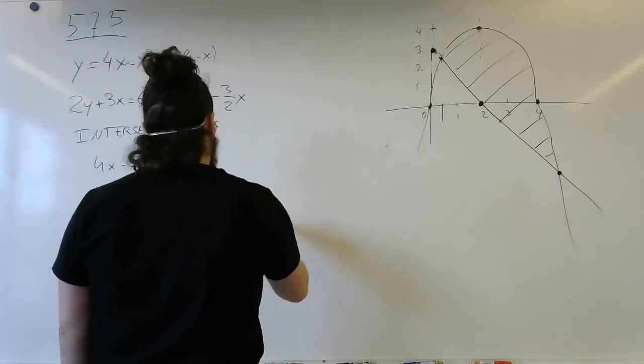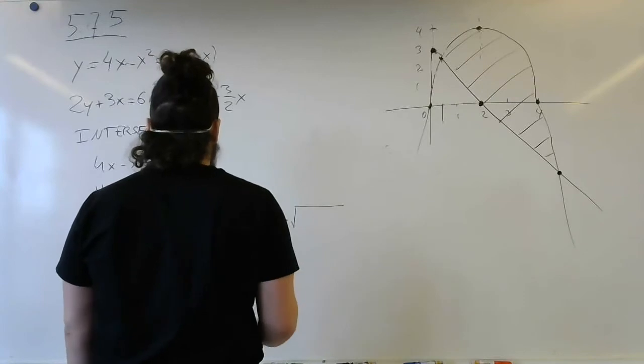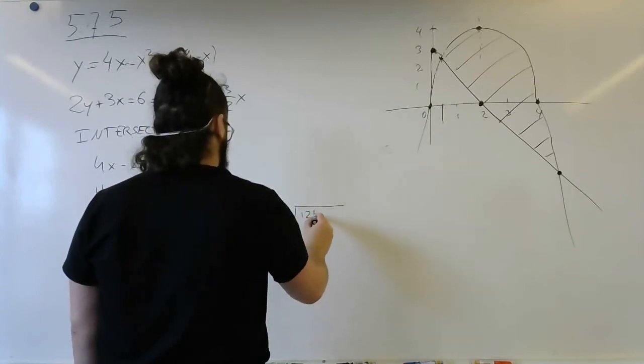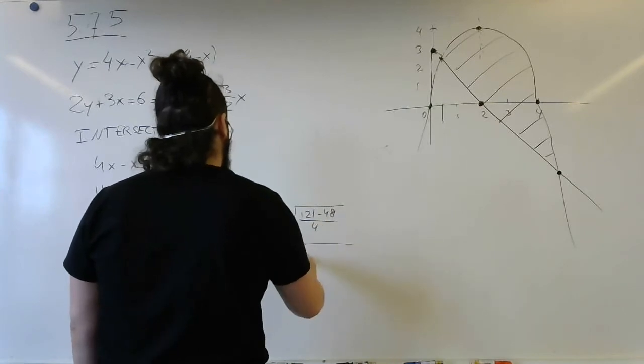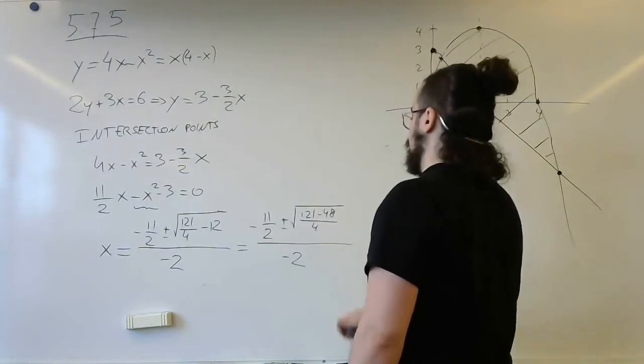So this is minus 11 halves plus minus the square root of this thing divided by minus 2, 121 minus 48.